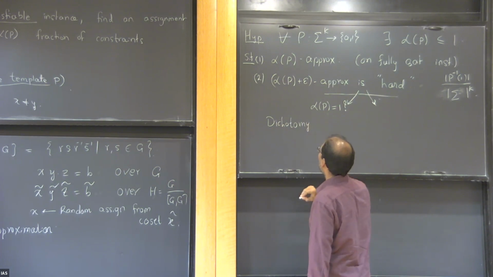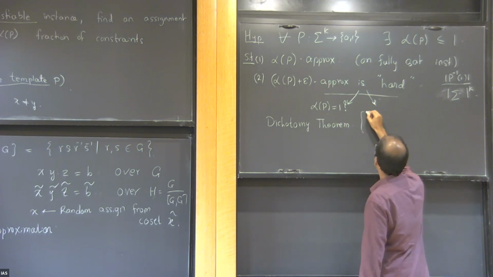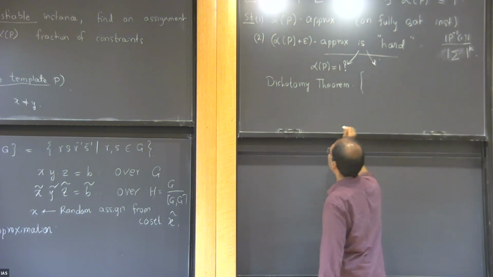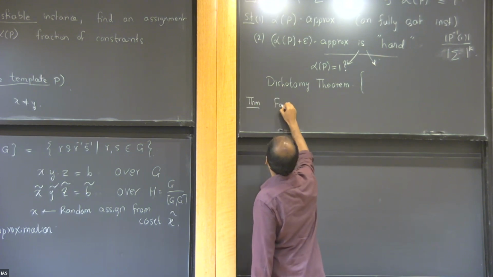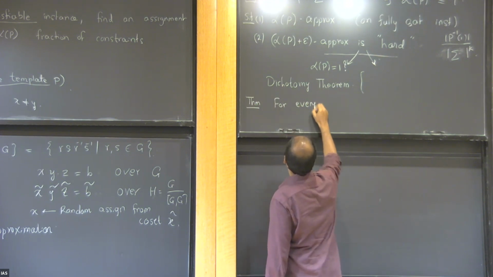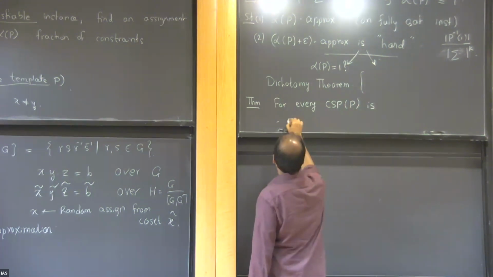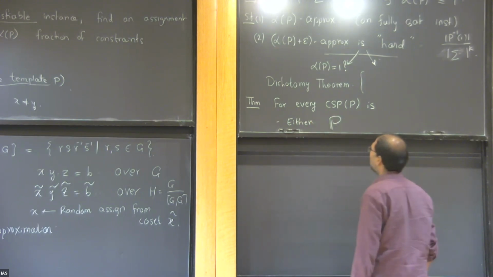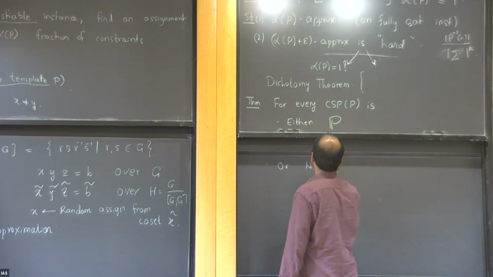This is now known as the dichotomy theorem. I will state what the theorem is. The theorem states that for every predicate p, the corresponding CSP is either in polynomial time, meaning you can solve the satisfiability question in polynomial time, or it's NP hard.